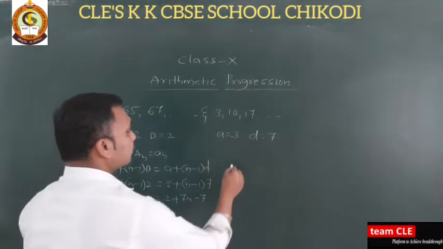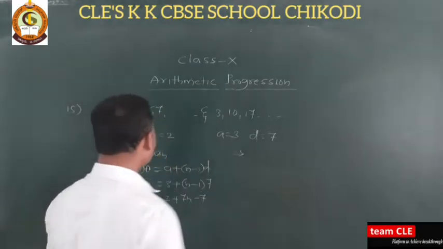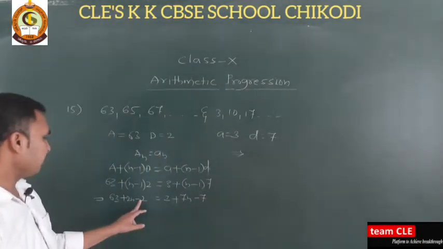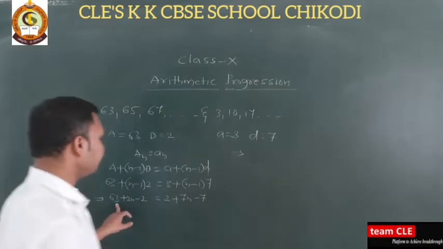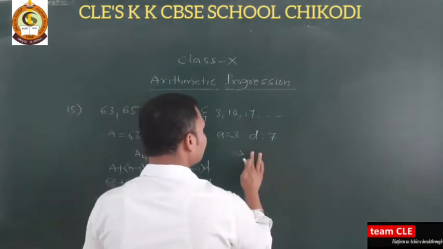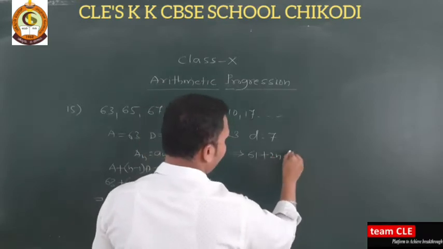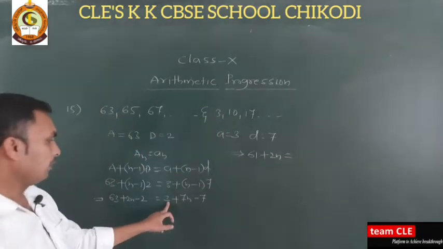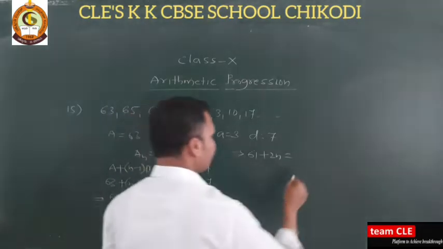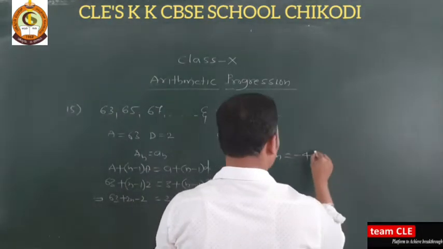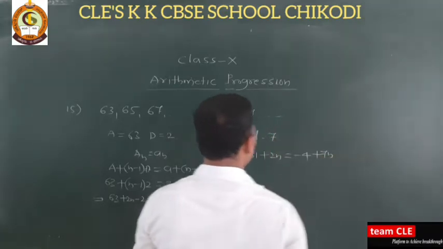This is minus 2 and this is 63, so we'll get 61 plus 2n equal to, again, minus 7 and this is 3, so we'll get minus 4 plus 7n.